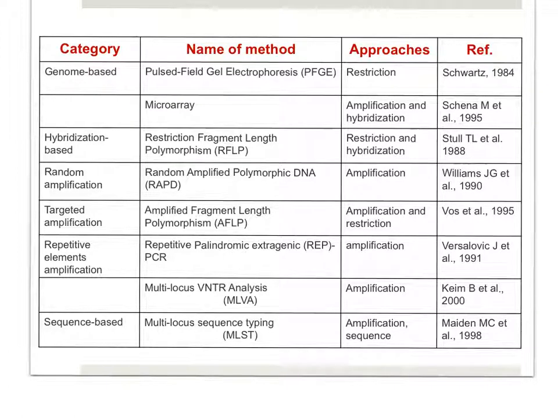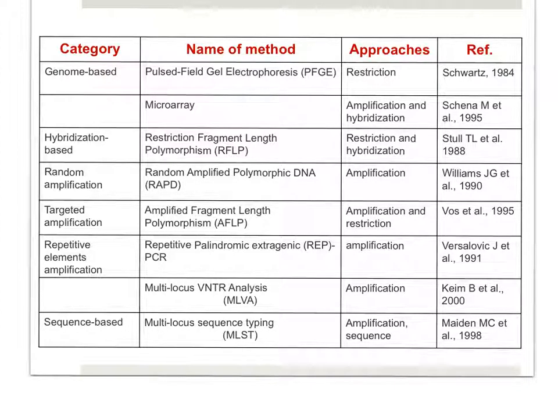Some methods are also hybridization based. One is restriction fragment length polymorphism. As the name indicates, it definitely deals with restriction, but there is also a component of hybridization. Hybridization is another core method, but less and less utilized; we will cover it when we see RFLP, and we briefly discussed it yesterday as well.